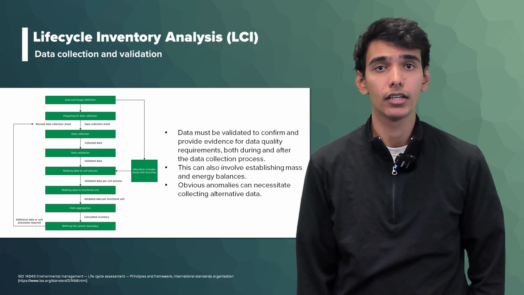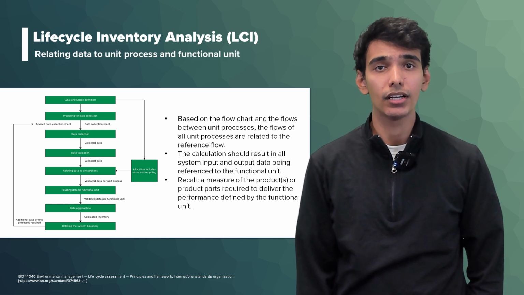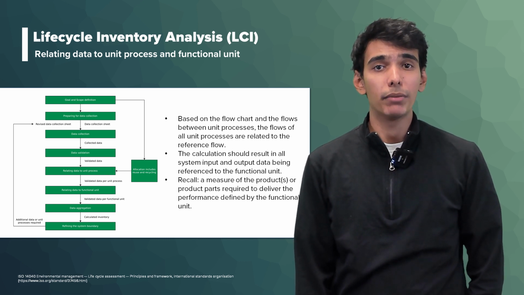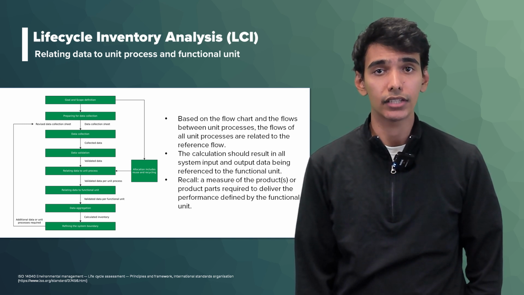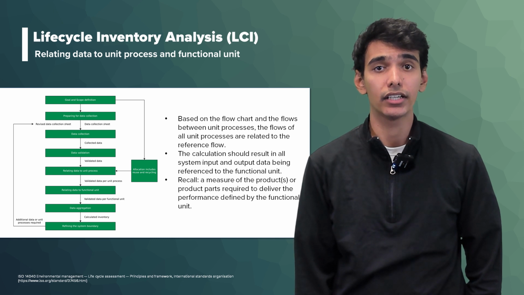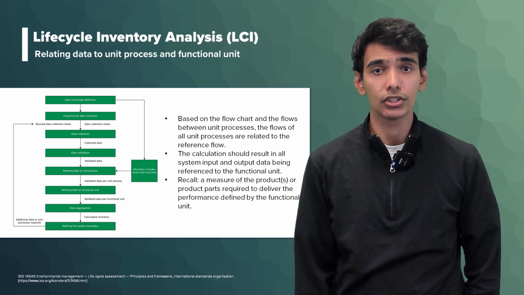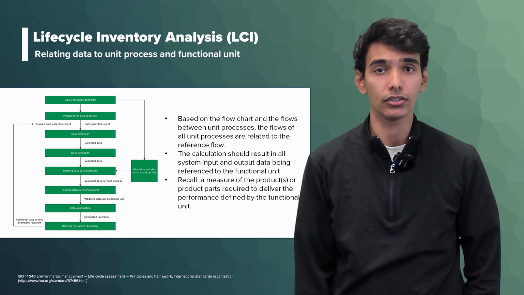Once you have a solid amount of data, it's now time to relate your unit process and functional unit with this data. Based on the flow chart between all the unit processes, the flows of the unit processes are then related to the reference flow. This calculation should result in all the system input and output data being referenced to the functional unit. Essentially, remember that the measure of the products or product parts required to deliver the performance defined by the functional unit is what you need here.